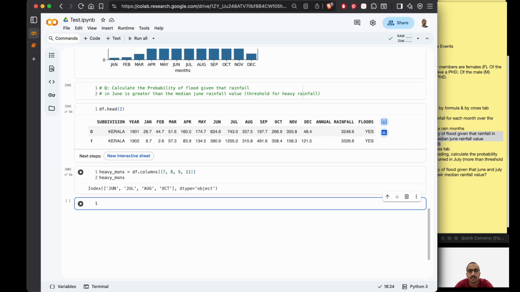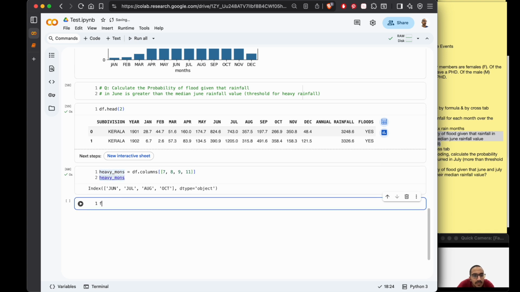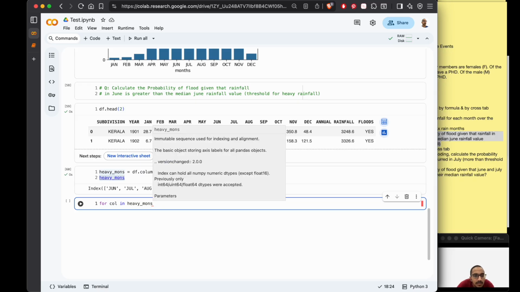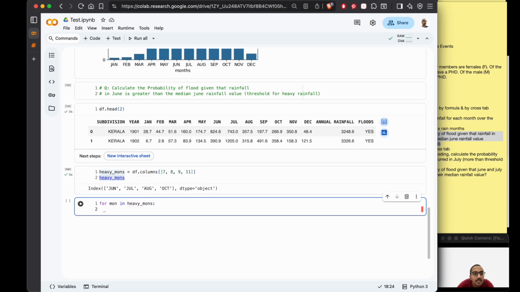So now I'll have to get the median rain values for each of these months. So what I can do is, rather, for month in heavy months, I will need to compute the medians.